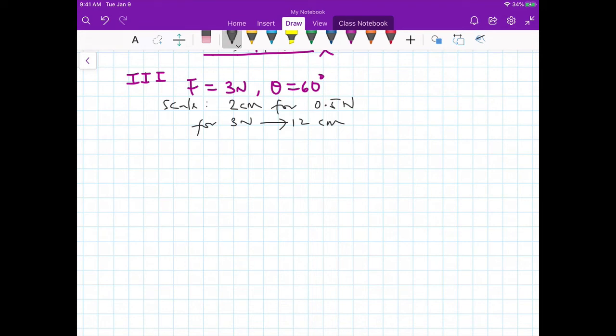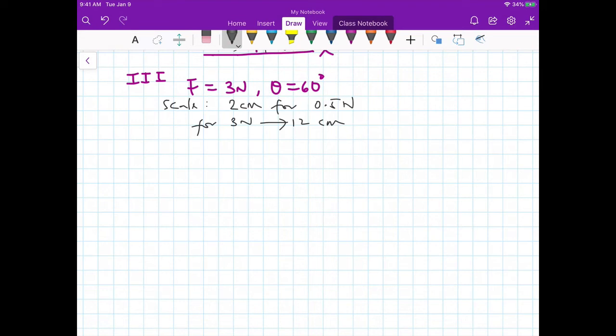Vector resolution is different from vector addition. Vector resolution is like converting one vector into its components, its x and y components. That means, what if I convert this single vector into 2 vectors that can give me the same impact as this single vector, but one acts in the x direction and the other in the y direction.